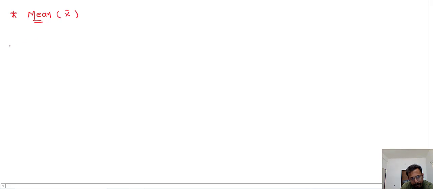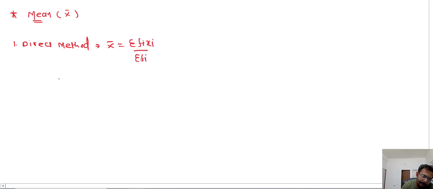Second is the assumed mean method, and the formula for that is a plus sigma f_i d_i upon sigma f_i, where d_i is equal to x_i minus a. And third is the step deviation method.